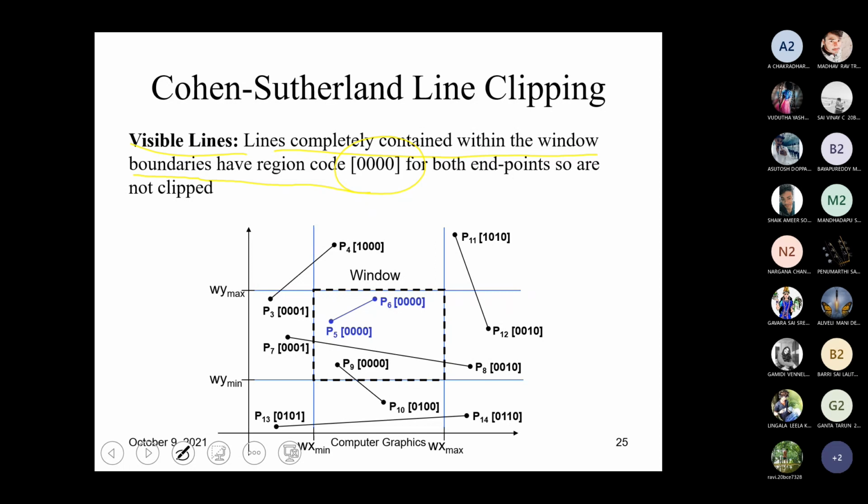Which one is inside the window? Anyone can tell? It is mentioned here. P5 and P6. Now you have identified which line has both points inside the region code 0000. Kindly listen carefully. That is the first step.